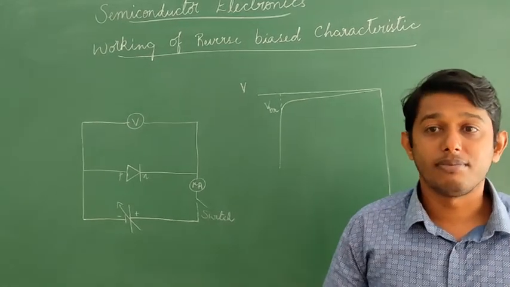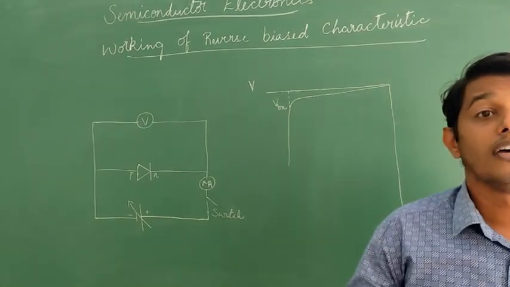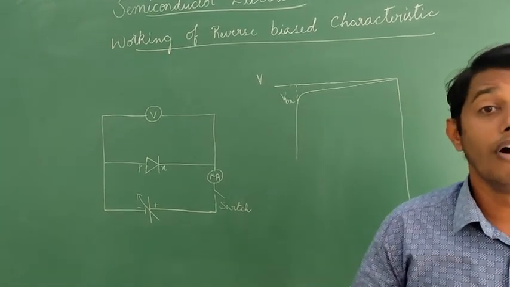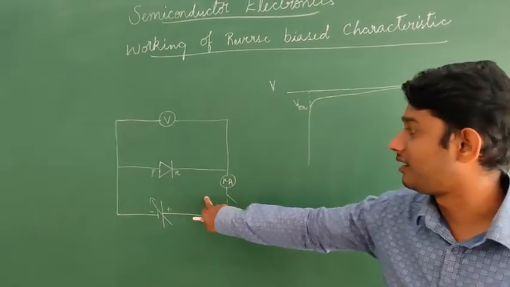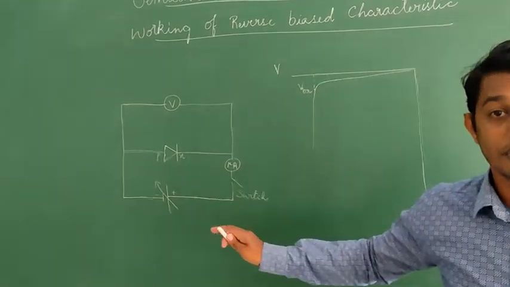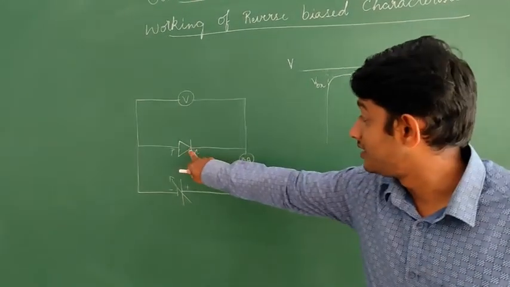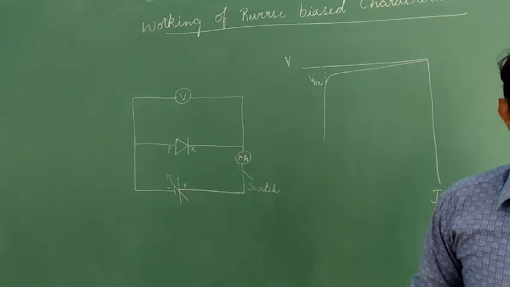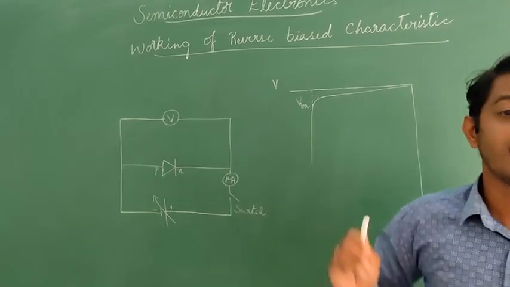In reverse bias, the positive terminal of the battery is connected to the N type and the negative terminal is connected to the P type, as you can clearly see in this circuit.